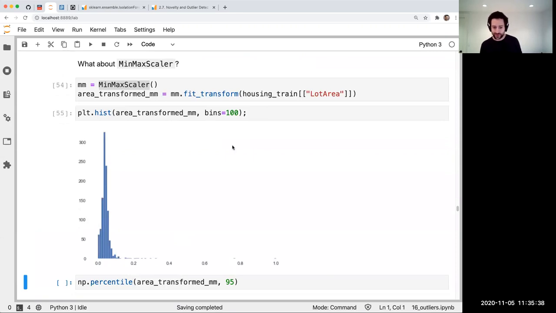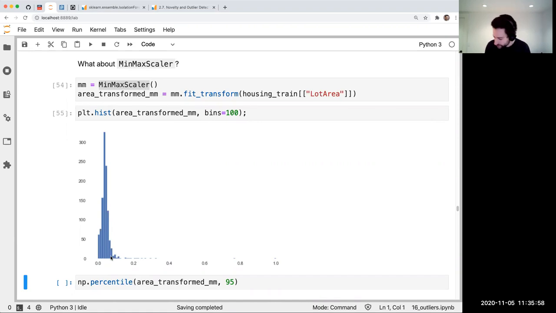Normally you could expect values all over the place, but because there's this lot area of size 200,000, and min-max scalar has to put the smallest thing as 0 and the biggest thing as 1, the 200,000 became the 1, and since it scales proportionally, all the rest of the data is squished between 0 and 0.1.